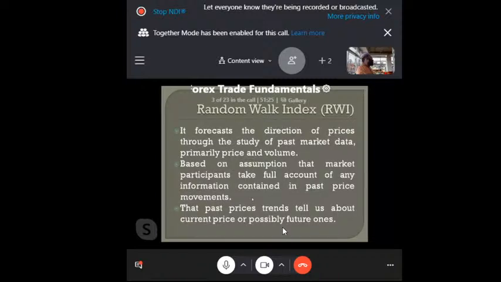So the Random Walk Index relies so much on the past price that from our past price we can see something regarding current price. We can even see the future price. Is it not true? When you look at the price of rice for the past 3 years, you can predict next year how much you will buy rice. So that is the philosophy of the Random Walk Index. Okay, we have done that one. Next slide.